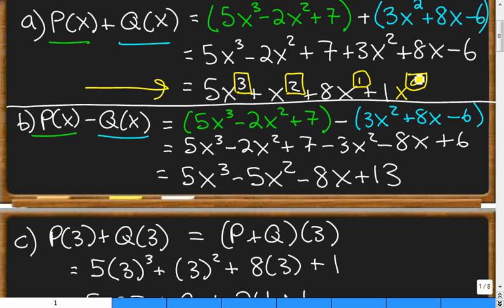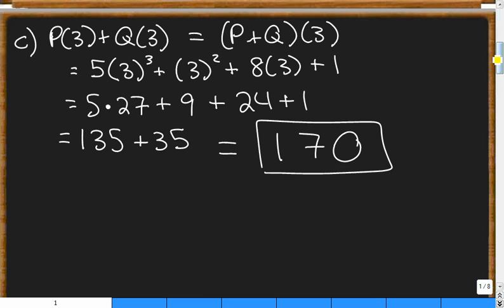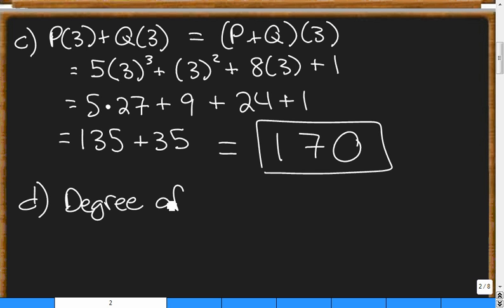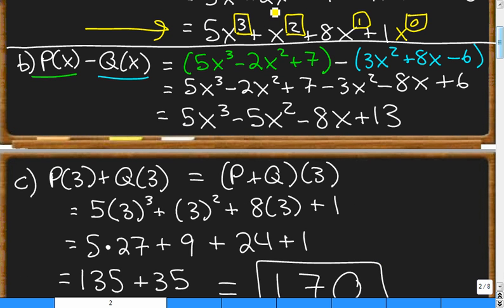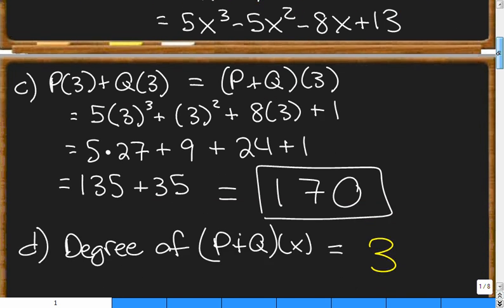So it's the highest of all of the exponents of x, and that is going to be 3. So part D, the degree of p plus q of x, is 3. And that again is because we have an x cubed, and the cube is the highest exponent for our polynomial.